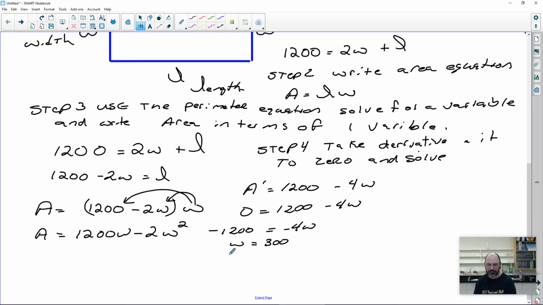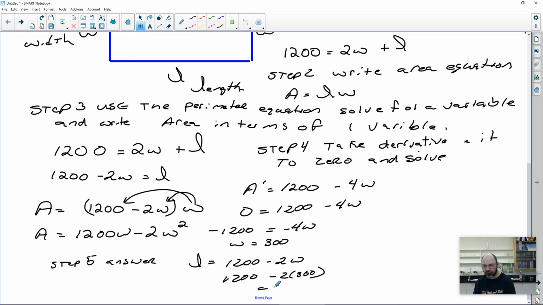Now find length. Step 5, answer. Okay, so length was equal to 1,200 minus 2 W's. So 1,200 minus 2 times 300 equals 600.